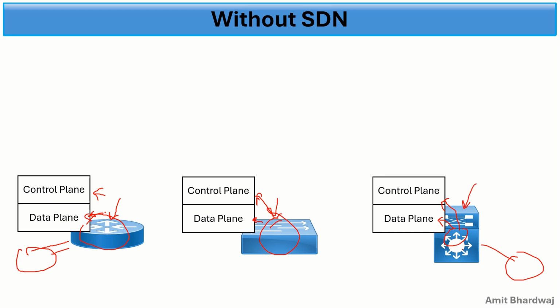Not only that, but the forward and the reverse path also have to be configured. In that case only will the traffic traverse end-to-end between these two entities. And this is a cumbersome job because a lot of configuration fine-tuning has to be done for that configuration to be implemented and actual routing to take place.